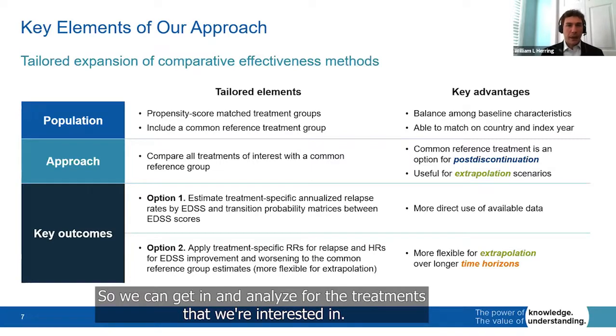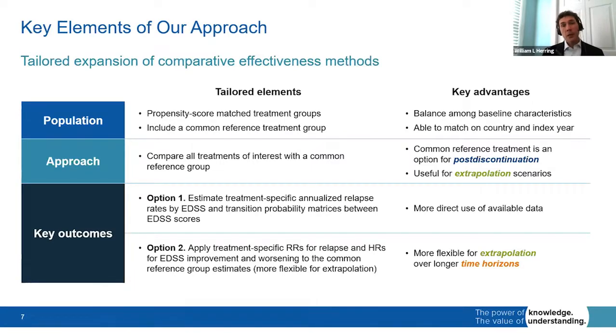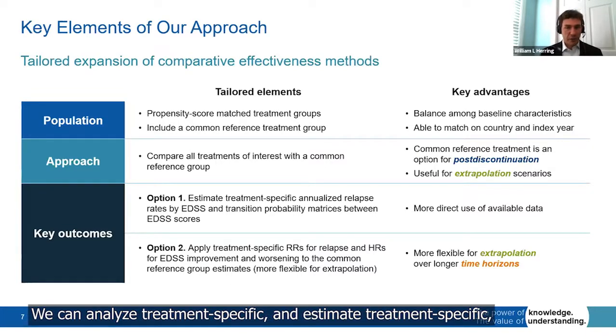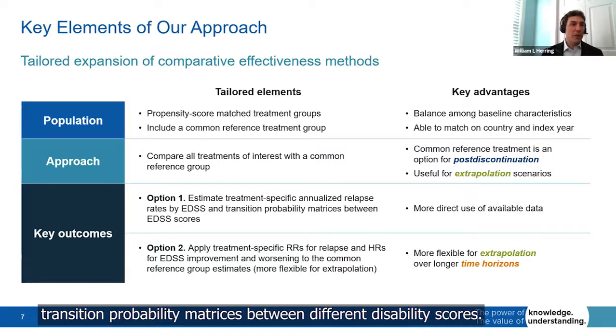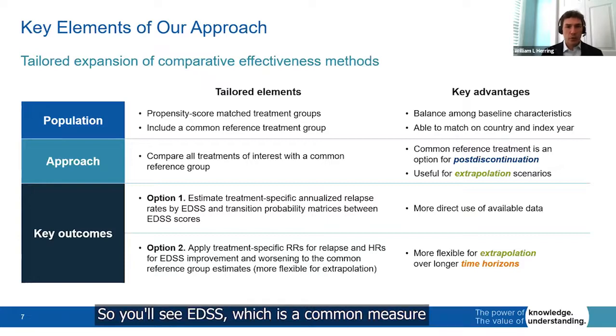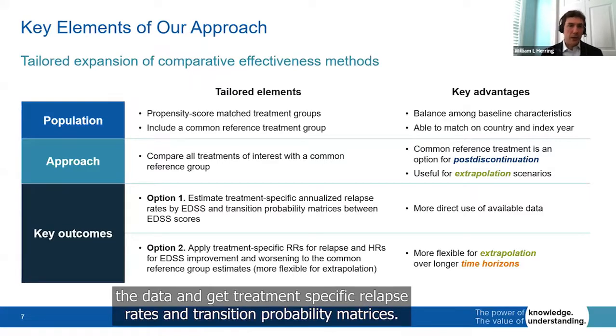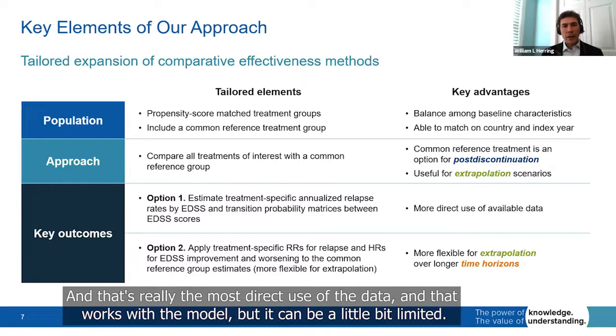So we can analyze treatment-specific relapse rates, and we can estimate treatment-specific transition probability matrices between different disability scores. You'll see EDSS here, which is a common measure used to estimate disability in MS. So we can get in and analyze the data and get treatment-specific relapse rates and transition probability matrices. That's the most direct use of the data, and that works with the model, but it can be a little bit limited.